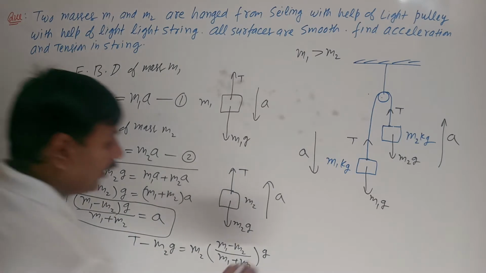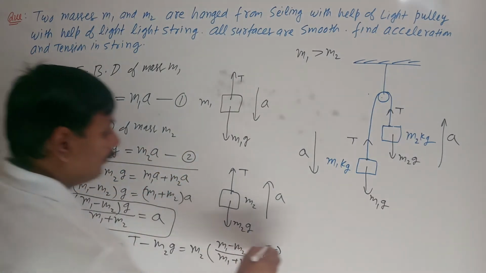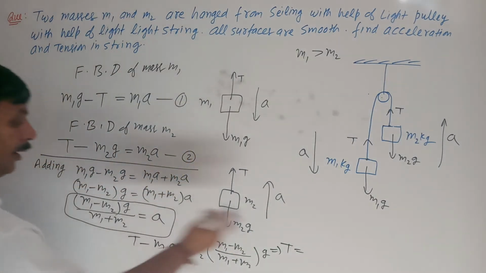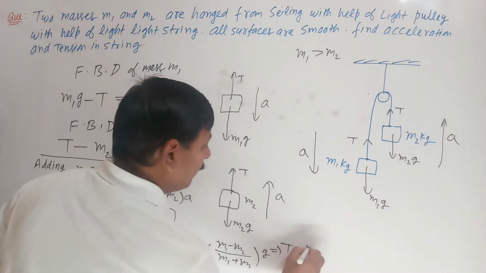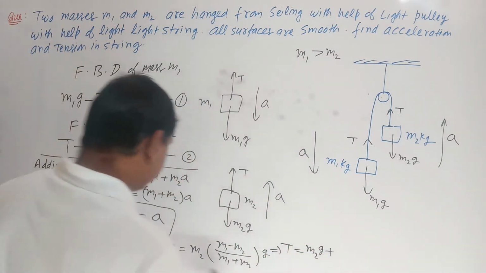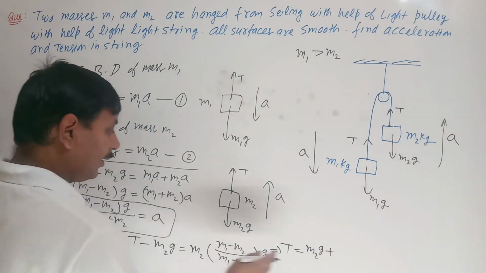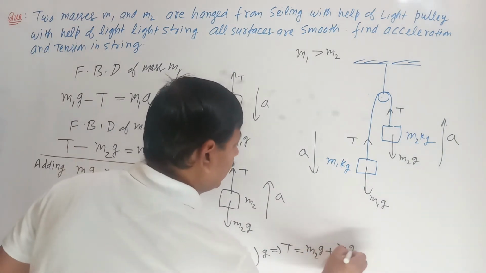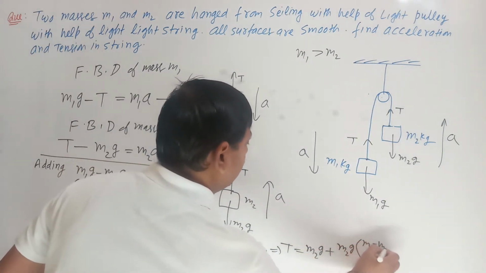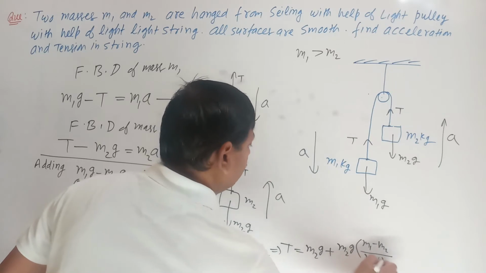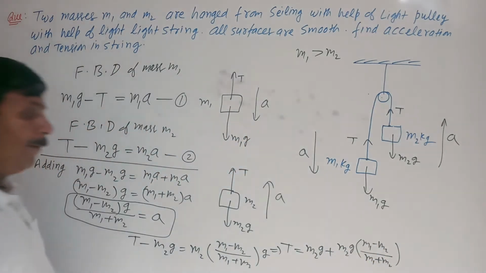So simplify. If you simplify, what happened? T is equal to m2g plus m2g bracket (m1 minus m2) upon (m1 plus m2).